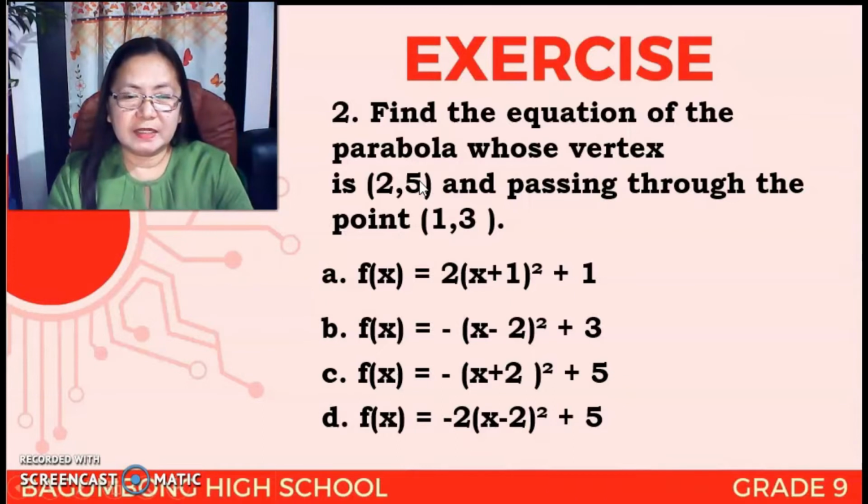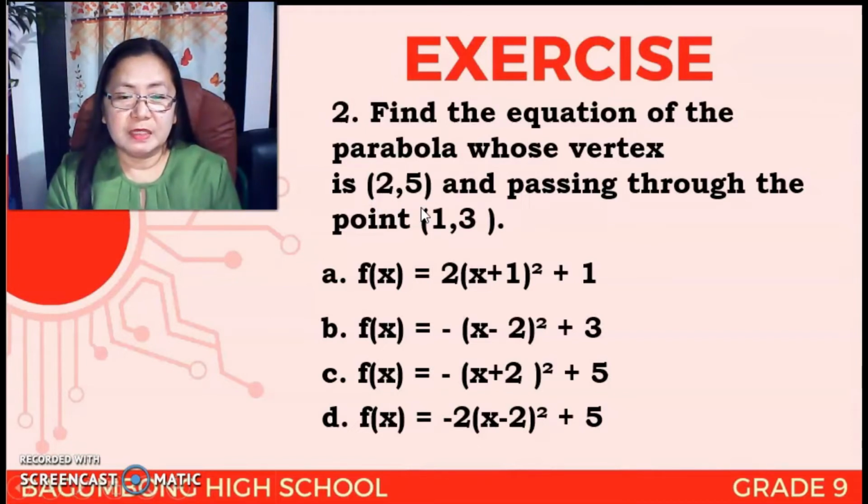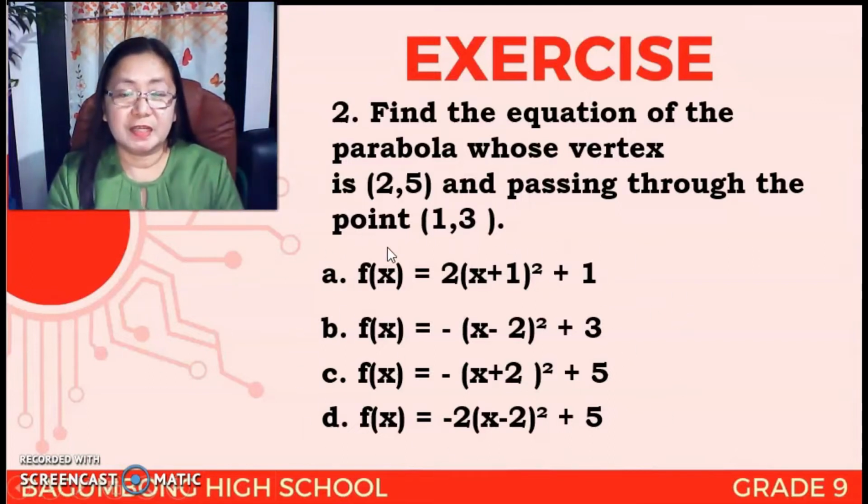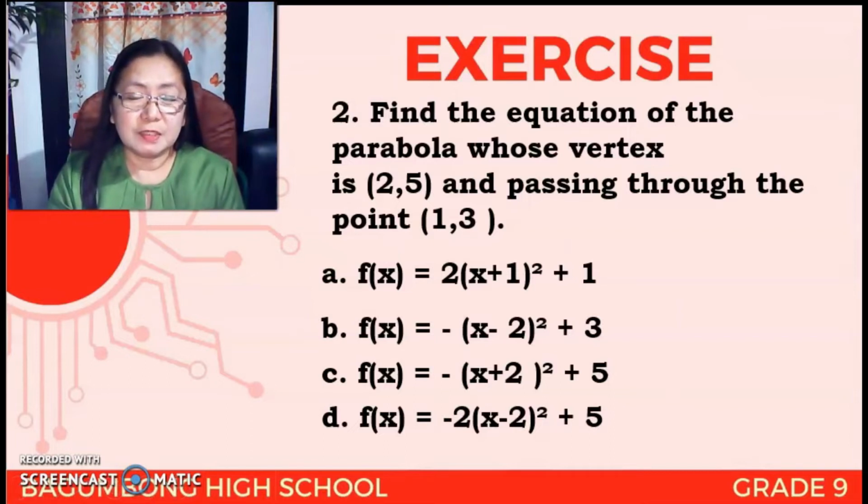Since the vertex is at 2, 5, meaning the value of H is 2 and the value of K is 5. And as you have noticed, all the quadratic functions or choices are written in vertex form. So just look for the value of H, which is 2, and for the value of K, which is 5.